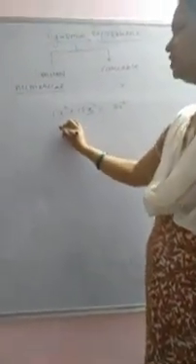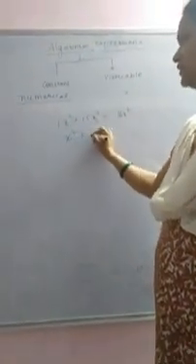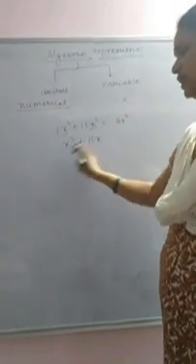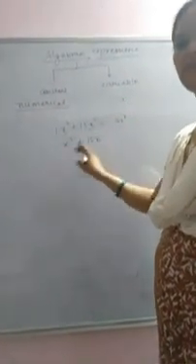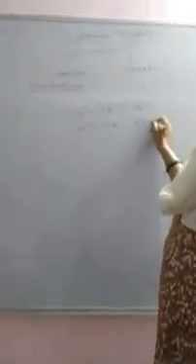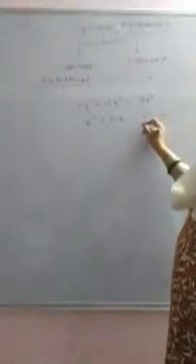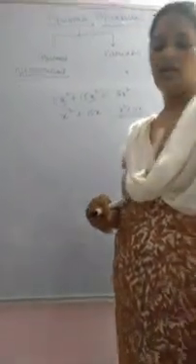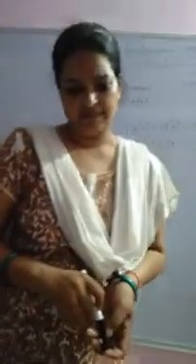But if it is written x square plus 15x, because these are unlike variables, we will not be adding this. So this can be written as x square plus 15x. Okay? So this is about the addition. Similarly, we will be doing the subtraction.